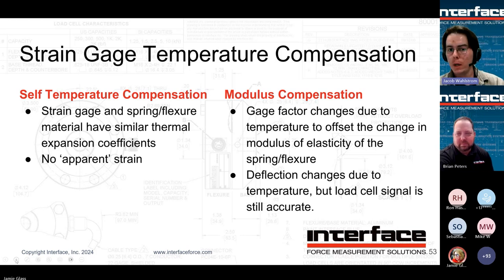So if you're measuring force outside in the winter and it's 40 degrees, and you're on that same test in the summer when it's, here in Phoenix, pretty warm, the material properties of your spring change, and that can affect your output because you have a weaker spring. The gauge can be compensated for that. It can basically change its gauge factor so that it offsets any loss or gain of strength of the material. Next slide, please.